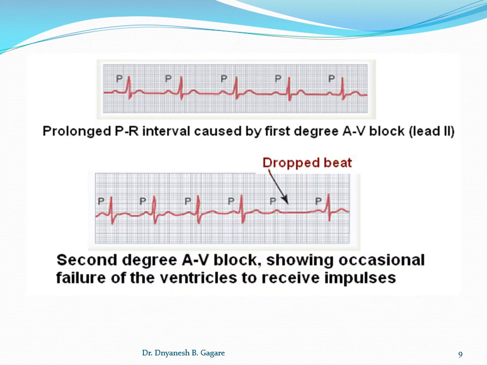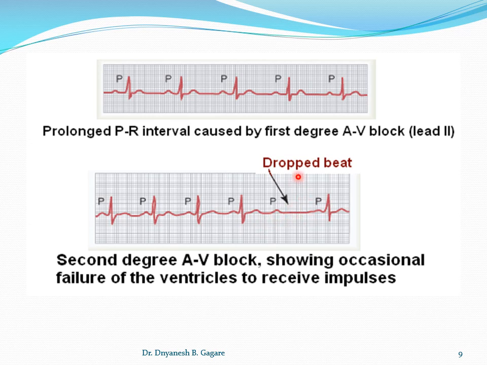Okay, see in this diagram you can easily understand. Here the ECG is normal, it's a first degree heart block. The only thing is that the PR interval is increased, or prolonged. In this diagram, this is a second degree heart block, and this is one example showing the occasional failure of the ventricle to receive the impulse.